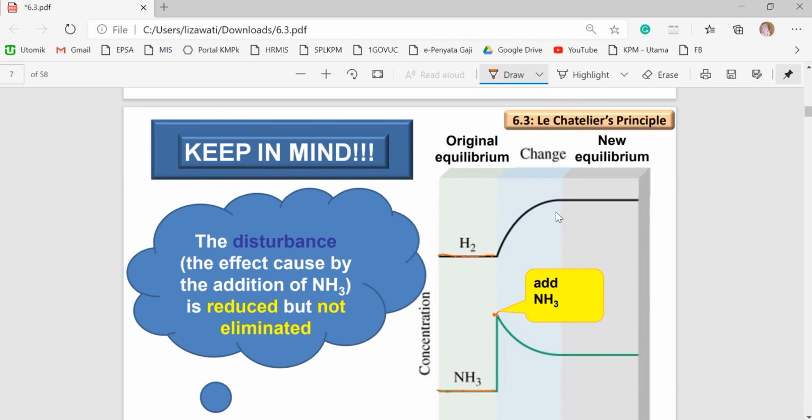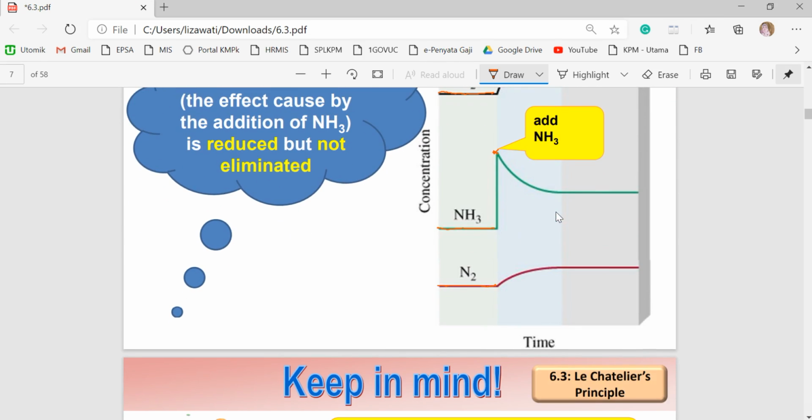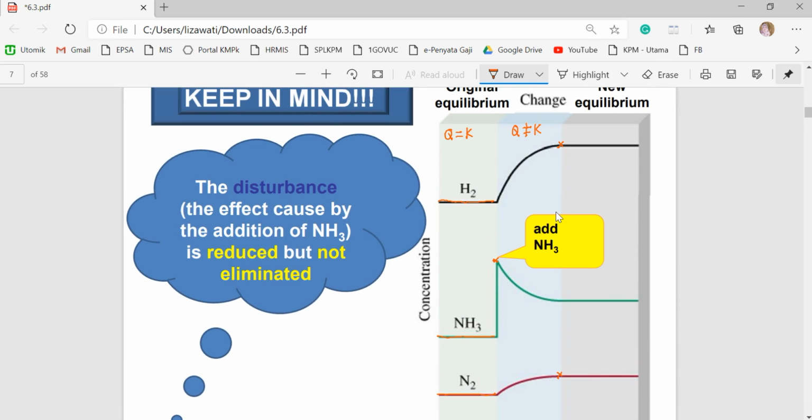When we add more NH3, the value of Q is not equal to K, so the system shifts to the left in order to form more H2 and more N2 gas. When the concentrations become constant, the value of Q becomes equal to K.